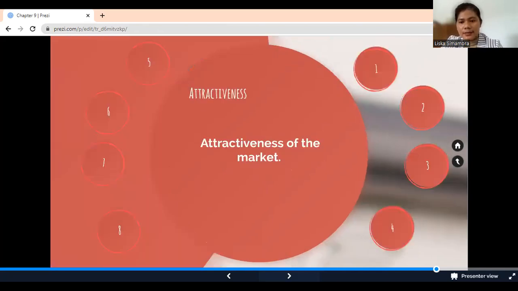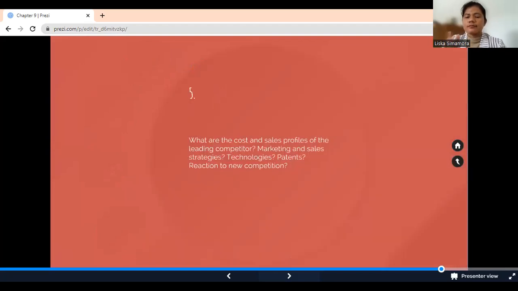And what are the cost and sales profiles of the leading competitor? Okay. So if you can identify the cost and sales, it means you can recognize their product and service.